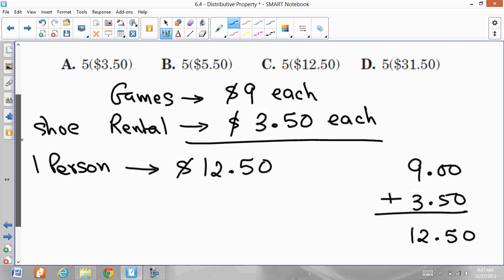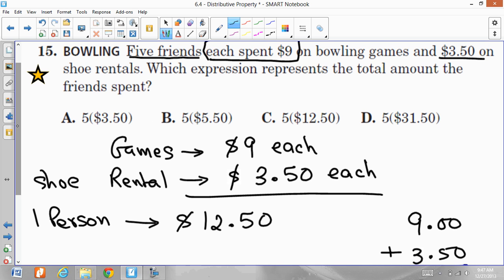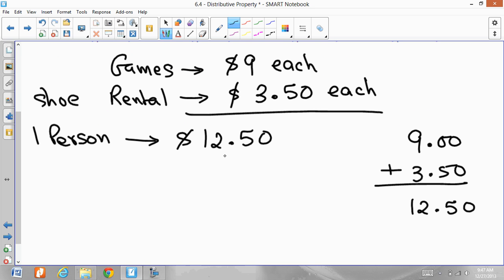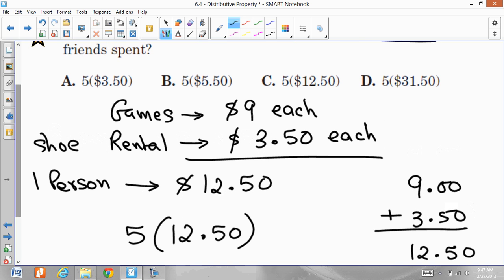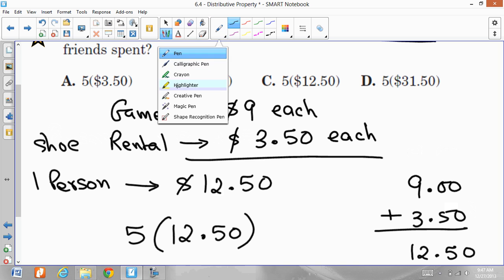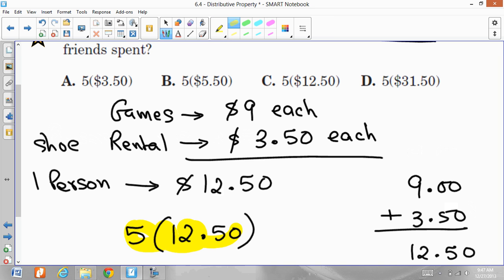Now, since there are 5 people involved, the total amount is what they're asking. So for one person it's $12.50, and for 5 people it's going to be 5 times $12.50. In this case, they are not asking you to multiply, they're just asking you to find the answer. So 5 times 12.50 is going to be C, and that is the answer.